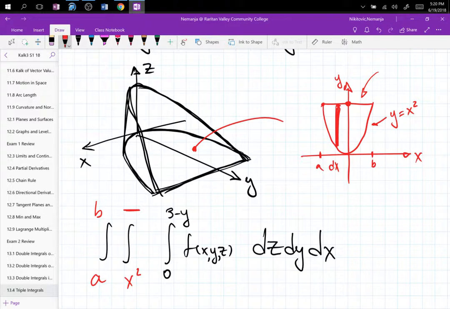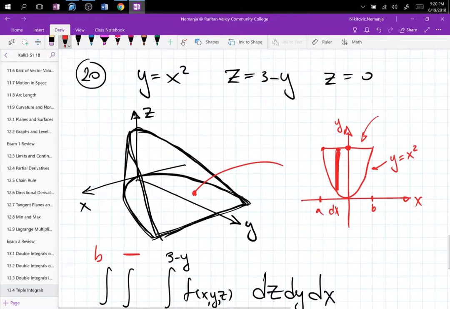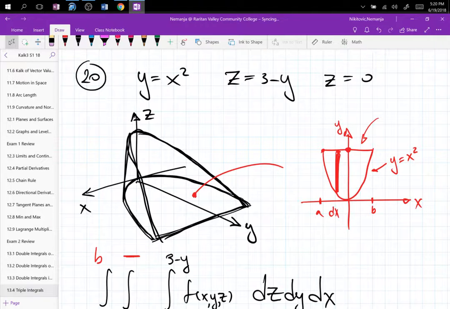Nice. So this line, this sharp edge, is on the floor. The floor has a value of z equals 0, and we have an equation that connects y and z, 3 minus y. So y is 3. Right?